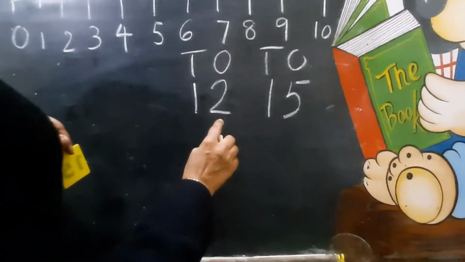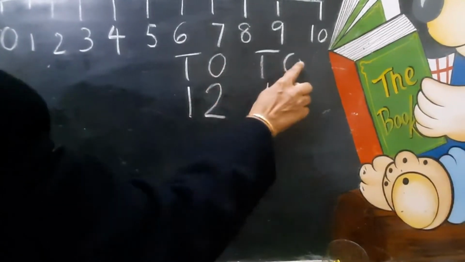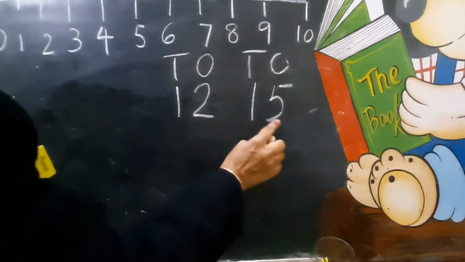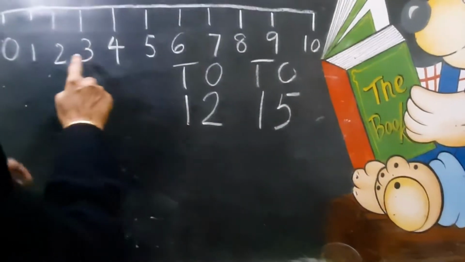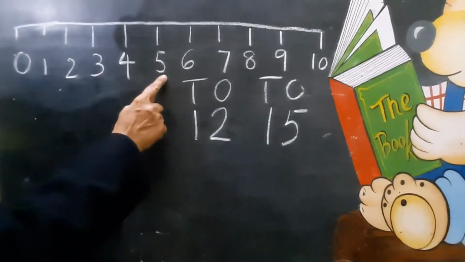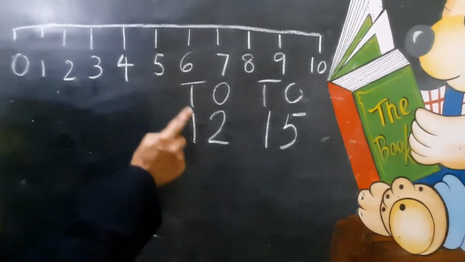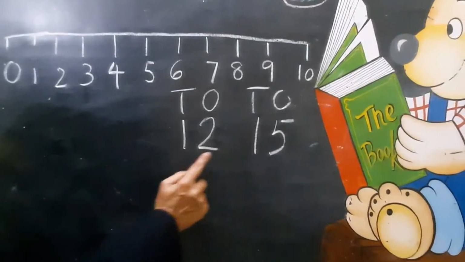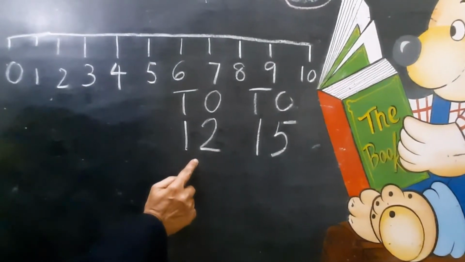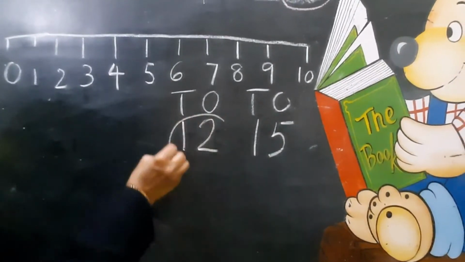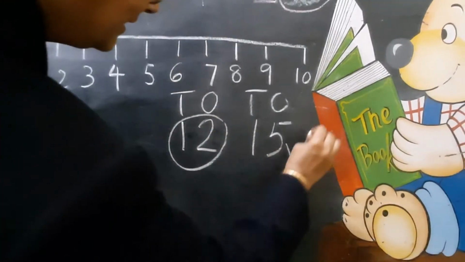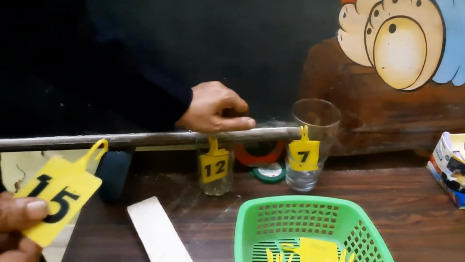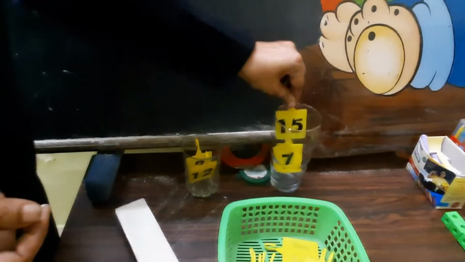Now, first we compare these two numbers in the ones block. 2 and 5. 2 comes first and 5 comes after 2. And here in the tens group, both are number 1. It means 12 is a smaller number and 15 is the bigger number. So I put 12 here and 15 here.